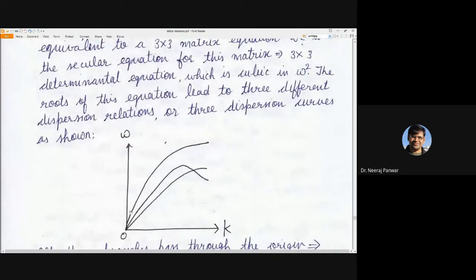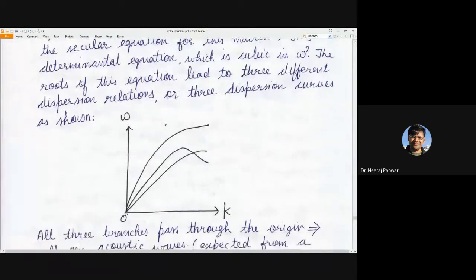This is the dispersion relation between omega and k for a three-dimensional Bravais lattice. You see here there are three branches coming out, and they meet at the origin or at the center of the zone. Only the right part of the Brillouin zone is shown because the omega versus k diagram is symmetric, so we can show only the right side.